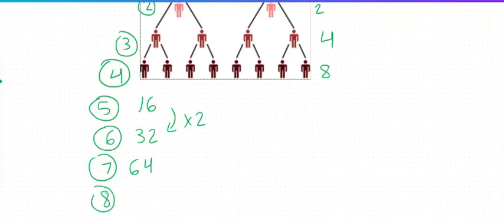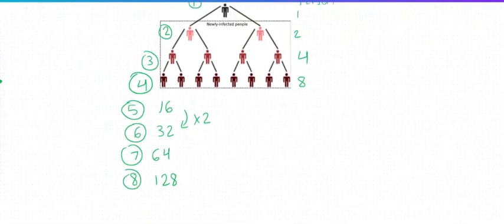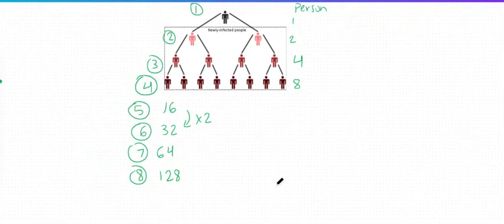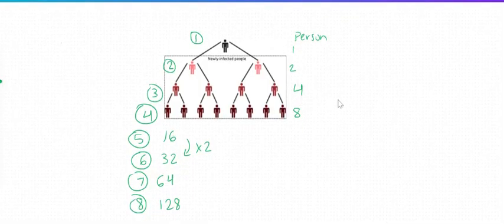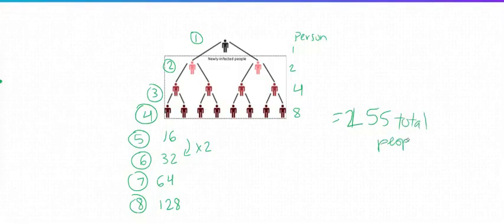So by the 8th row, 128 people would be getting sick. Now that's a lot of people, but what really matters to me right now is how many total people are sick. And so I'm going to add up those terms. And when I add them all up, I get 255 total people sick. That's a lot of people that get sick.